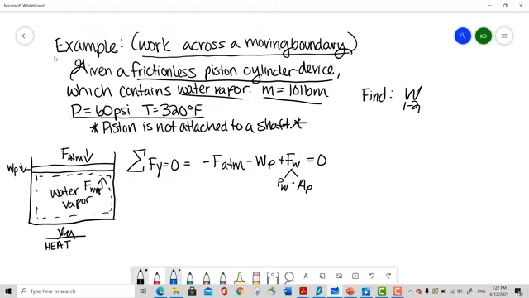But I do want to note that these are constant. And so we can just move this to the other side because that's what we're trying to identify. Since we know that these equal a constant, we can rewrite this as pressure of the water times area of the piston equals constant. Okay, so this is important to know.